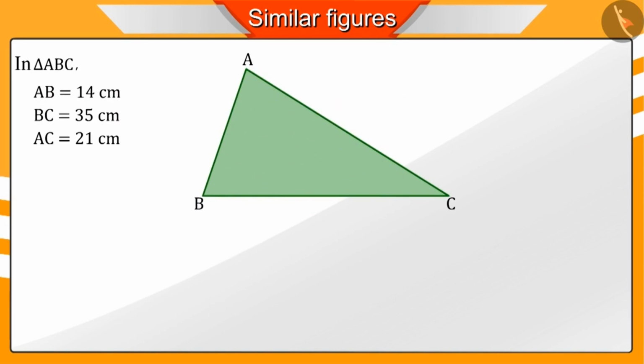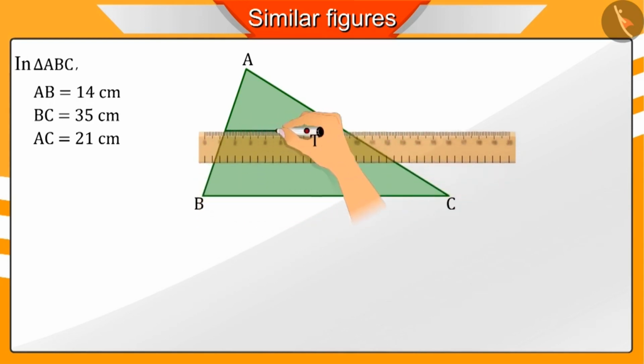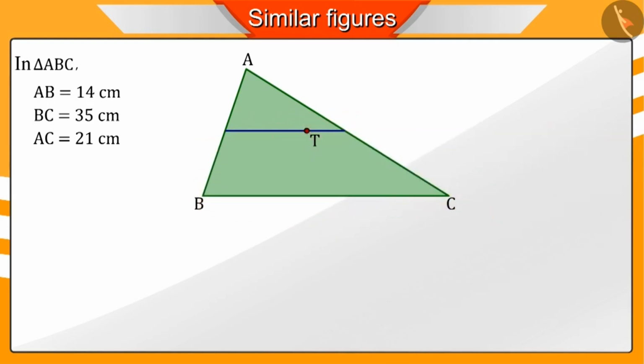Now let's take a point T anywhere on the triangle. And we draw a line parallel to line BC through the point T, which cuts the sides AB and AC at points M and N respectively.